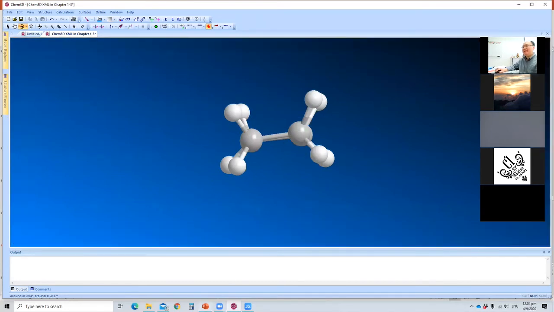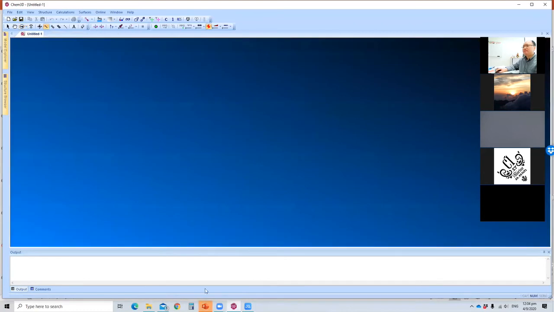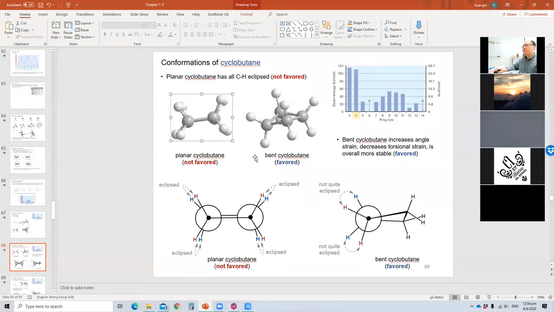In the Newman projection, all pairs of hydrogen are eclipsed, so that means it's very high in energy. But if you bend these bonds, so now you make it a bent structure of cyclobutane, now it's kind of favored.